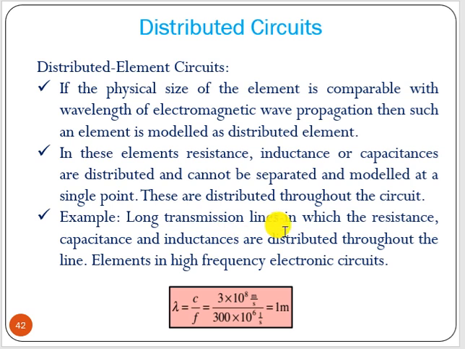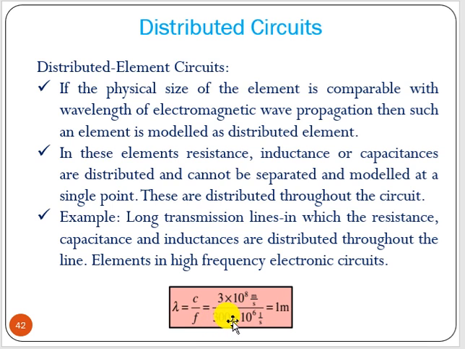Long transmission lines, in which the resistance, capacitance, inductance are distributed throughout the line, are an example. And elements in high frequency electronic circuits. Why am I saying high frequency? Because if this is 300 megahertz, the wavelength becomes 1 meter.